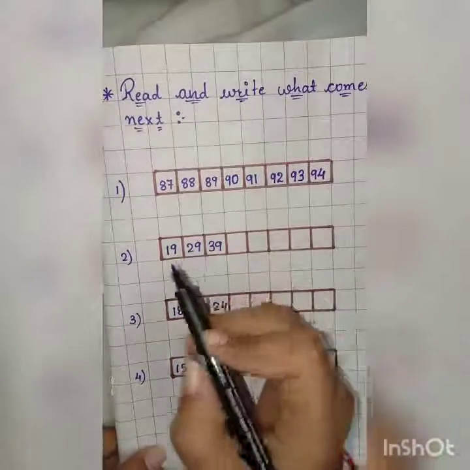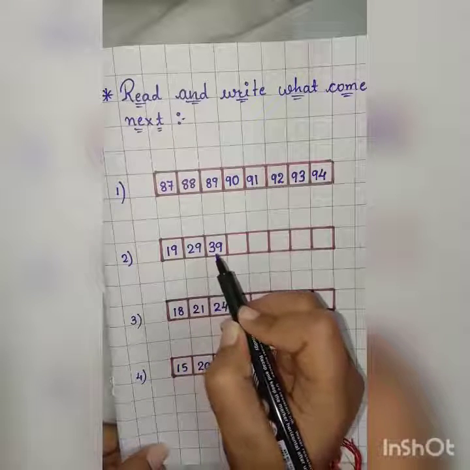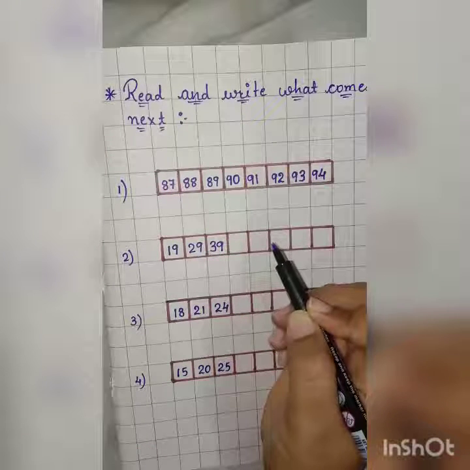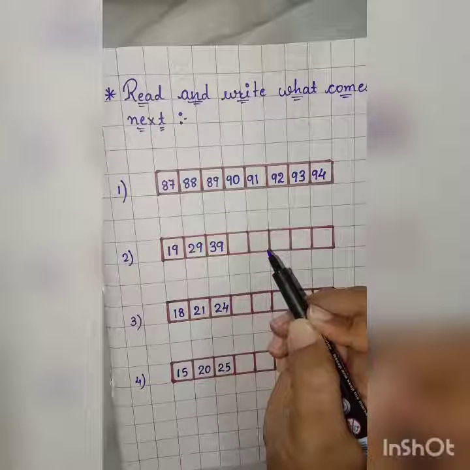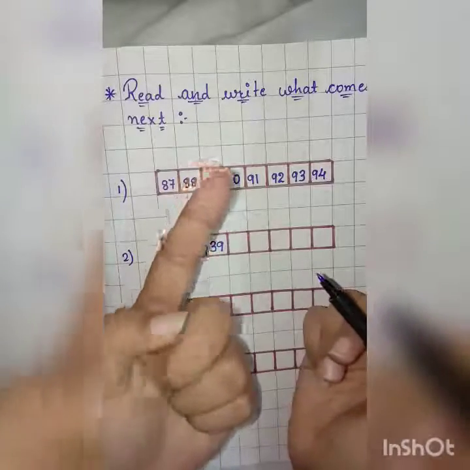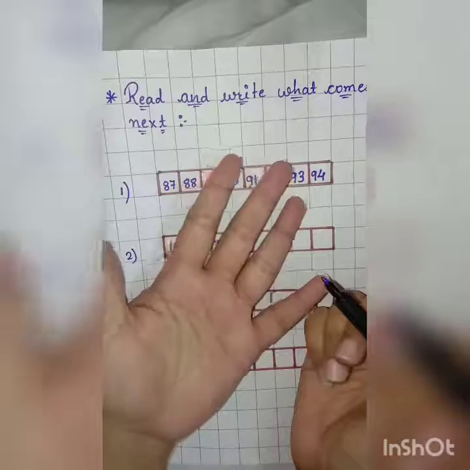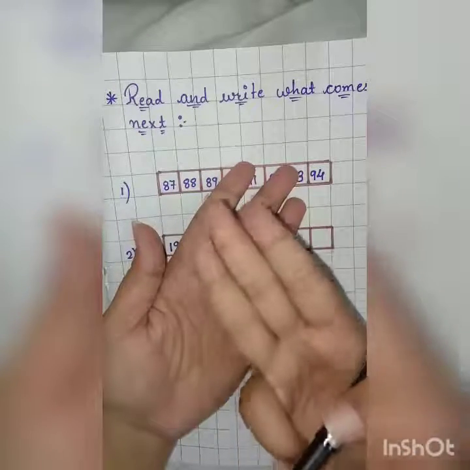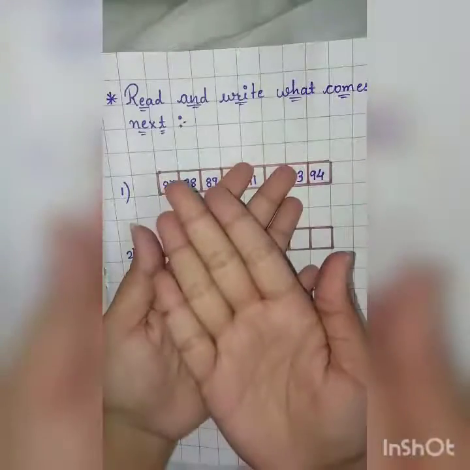Next one, 19, 29, 39 and so on. Let's find the total numbers from 19 to 29. 20, 21, 22, 23, 24, 25, 26, 27, 28 and 29.